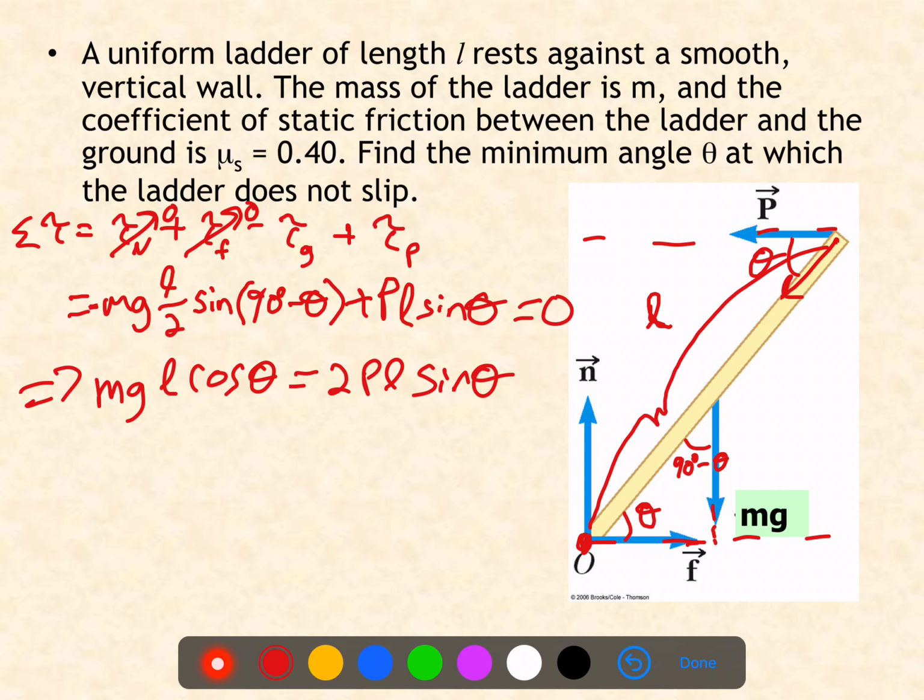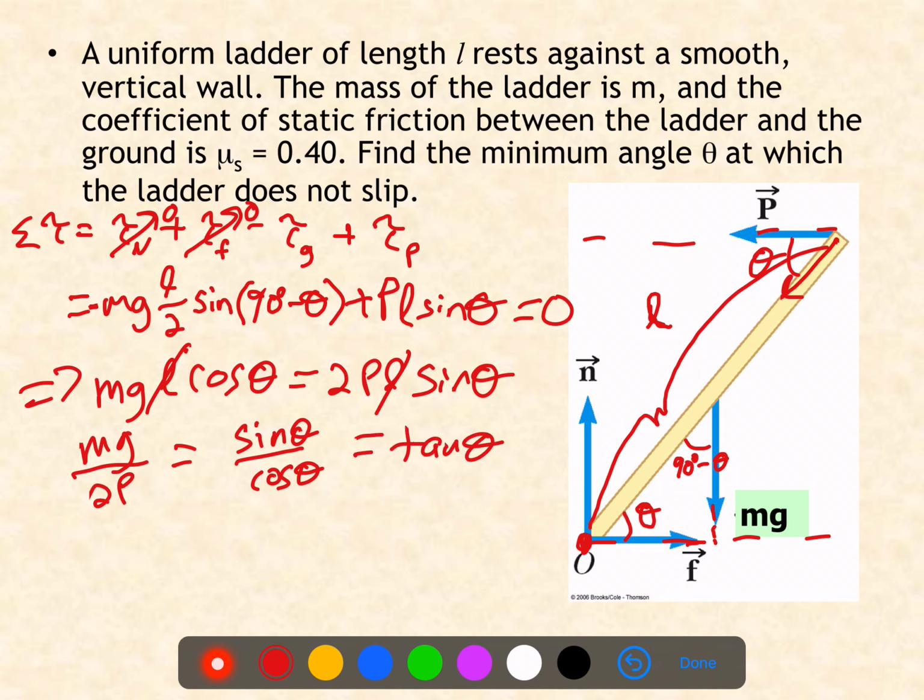Okay, and then when I cancel off the L's, that'll simplify things a little bit further. And what I want to do is isolate this angle here. So mg over 2P is going to equal sine theta over cosine theta, also known as tangent of theta.